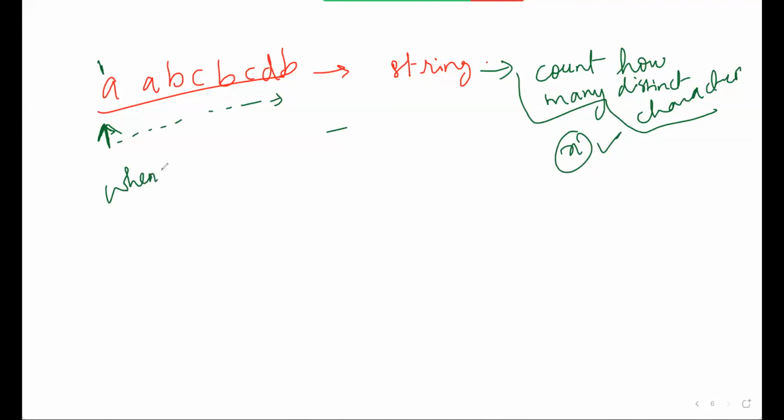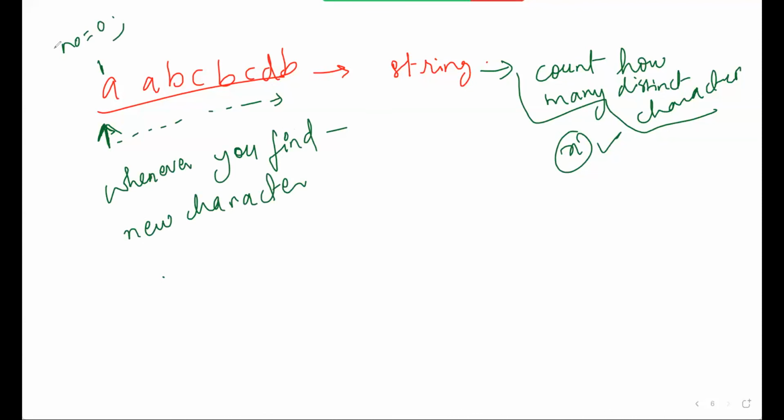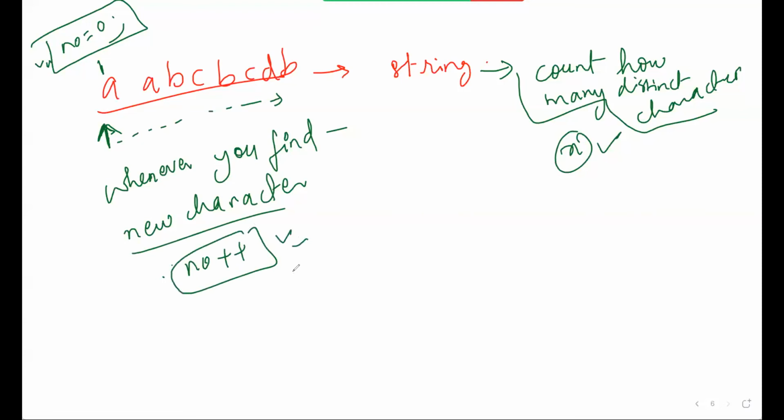And whenever you find a new character which is not already present in your hash map, you also need a variable, initially 0, which will store how many distinct characters you currently have. Whenever you find a new character, you do number plus plus.